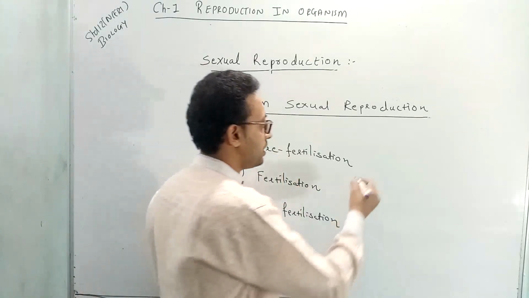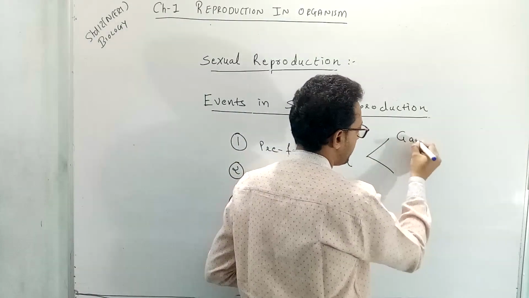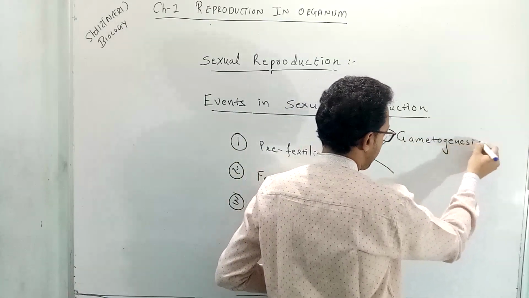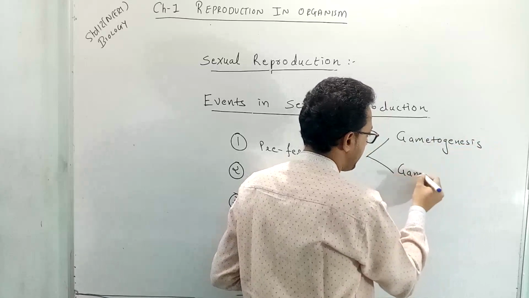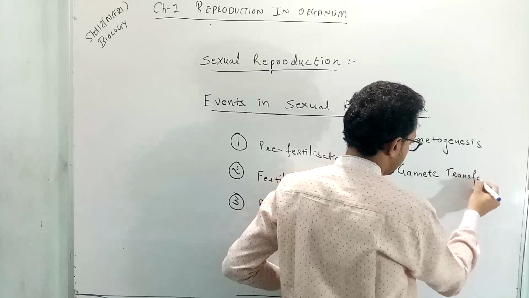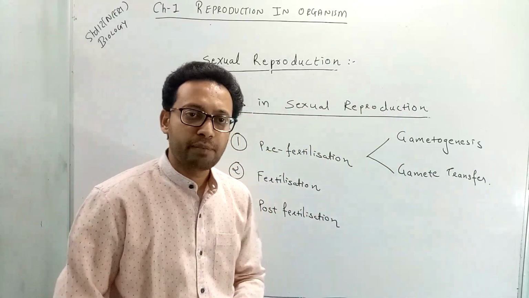The pre-fertilization events can be further classified into 2 events. First is called gametogenesis, and the second one is gamete transfer. Fertilization is a simple one, just a fusion of gametes.